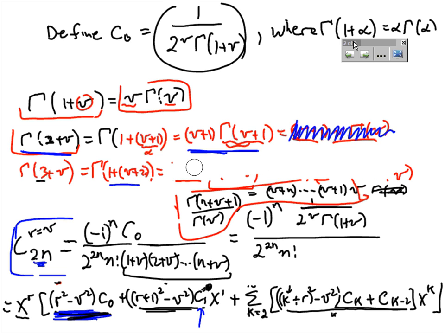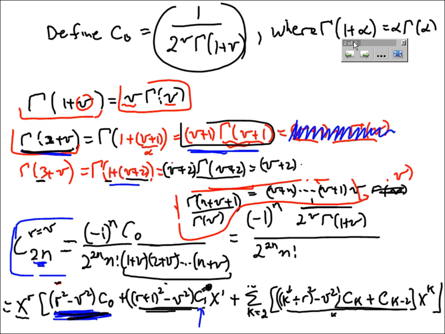Well, let's work it out. Gamma of 1 plus anything is the anything times the gamma of the anything. So gamma of 2 plus v is v plus 1 times gamma of v plus 1.